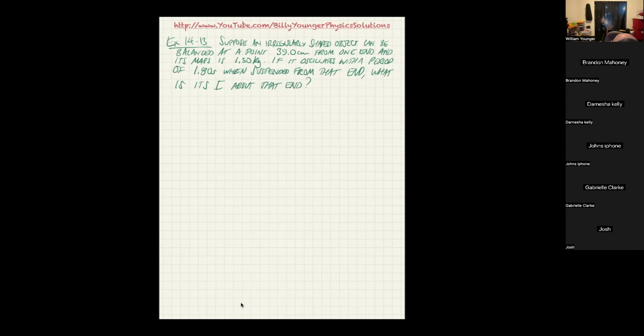That's part A. And part B, what is I about its center of mass for a parallel axis?